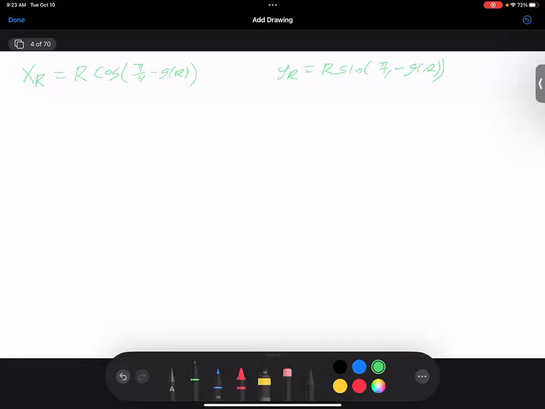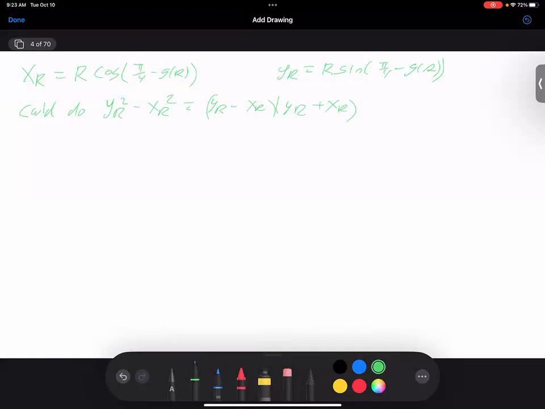There are identities for the sum and the difference of cosines. So one possibility is I could factor y sub r squared minus x sub r squared as y sub r minus x sub r times y sub r plus x sub r, use the identities, and go through that way.